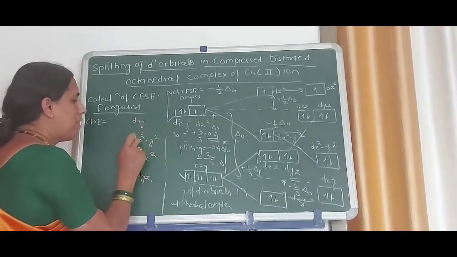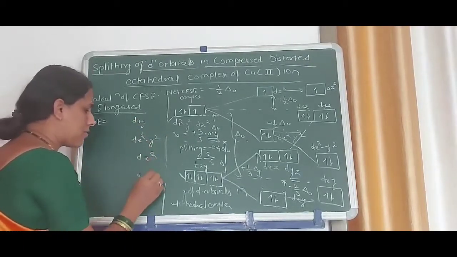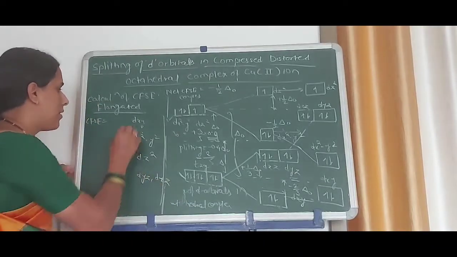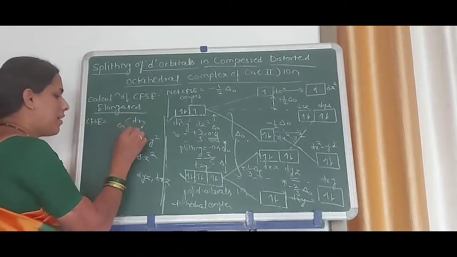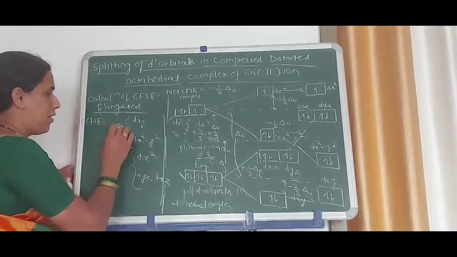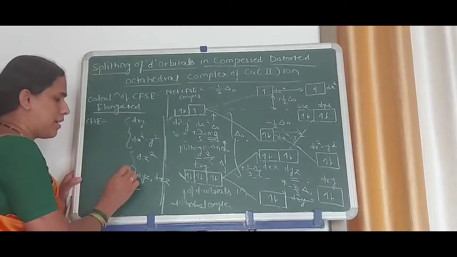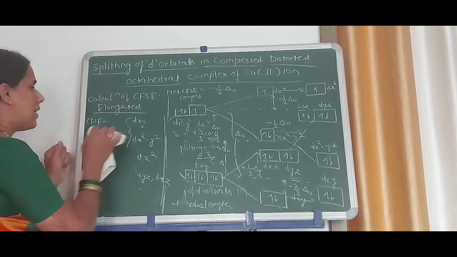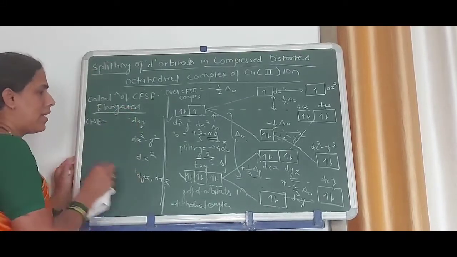Here only dx square minus y square, dz square, dyz and dxz. This is the order. This is of Eg and here of T2g. Now we can calculate with the energy order like this.